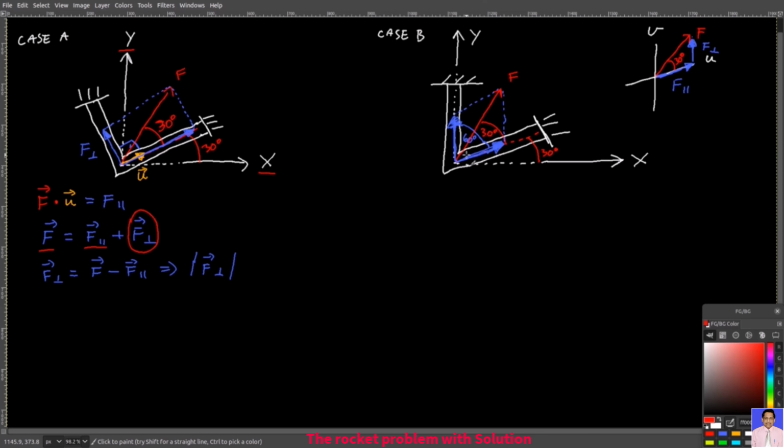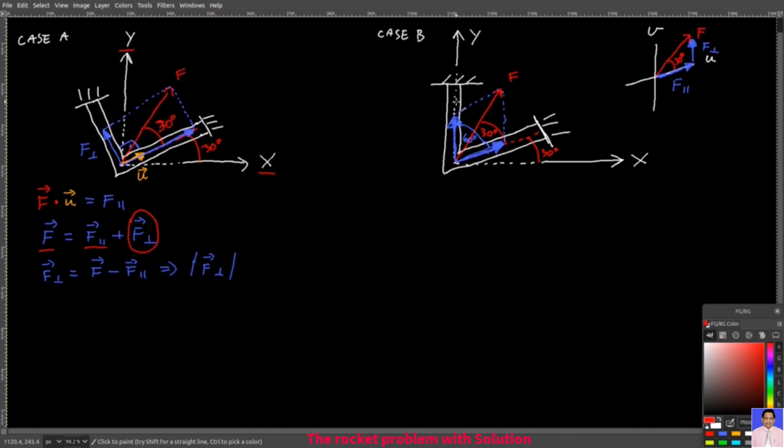And it kind of makes sense, because due to the fact that these two beams are closer to each other, in case B, this second beam will take some of the load away from this lower beam. In case A, this beam is further away from this beam in terms of this angle. So this beam needs to take a bigger component from this force vector.